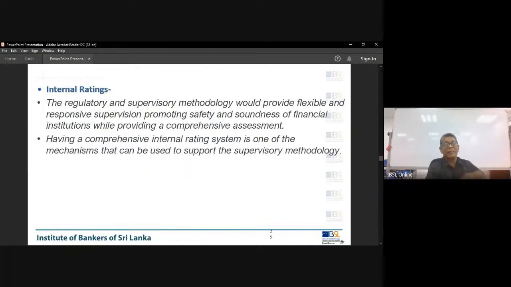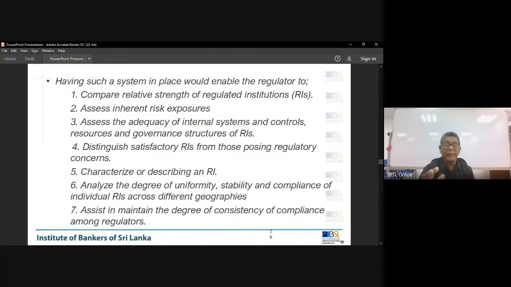Okay, so then we have internal ratings, right? The regulatory and supervisory methodology provides flexible and responsive supervision, promoting safety and soundness of the financial institution. When we are getting ratings from outside, we also need to look at our internal rating, and there are some factors we are going to look at: inherent risk exposure, adequacy of internal control systems in your organization, and the governance issues, right?